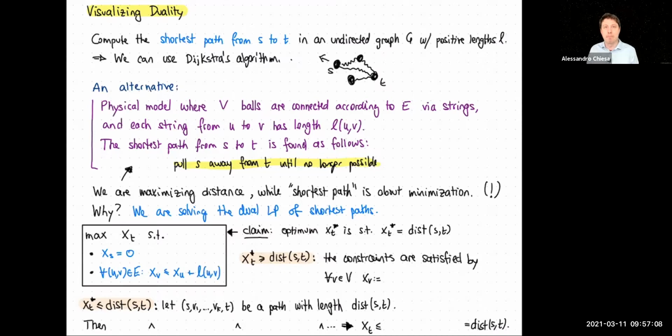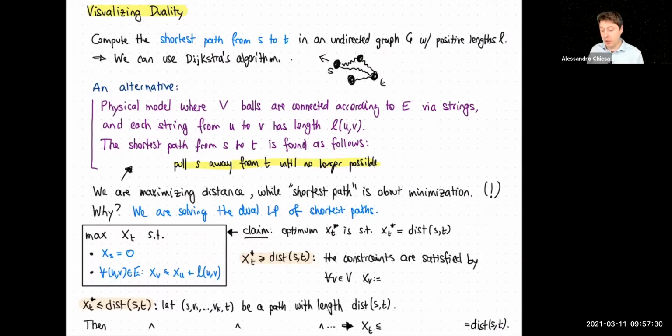If I want to pull v away from u, wherever u is, because the length of the string is l_uv, v cannot be farther than x_u plus l_uv. So this linear program is precisely capturing this.